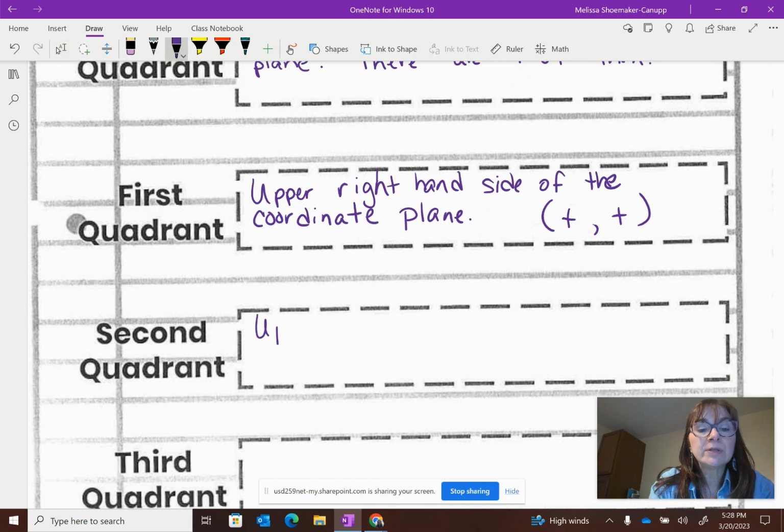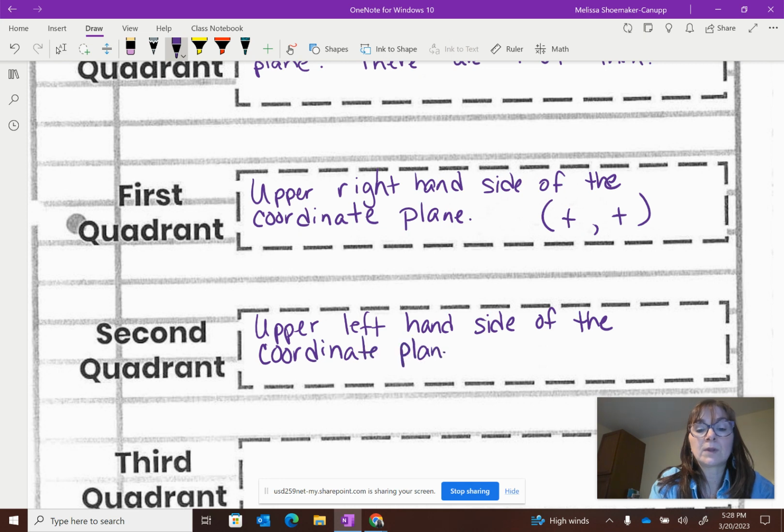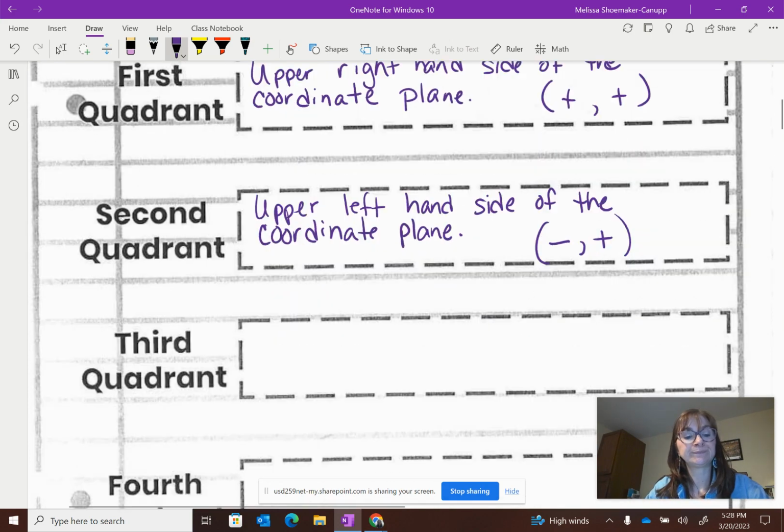The second quadrant is going to be the upper left hand side. So the coordinates of these would be negative then positive because we would have to go left.